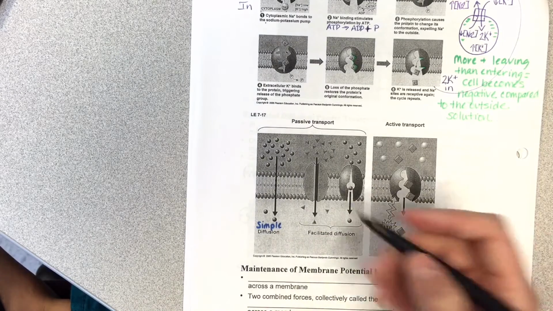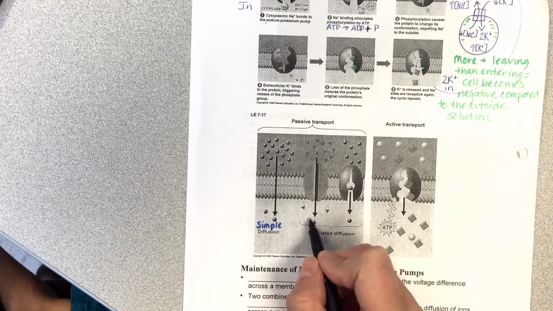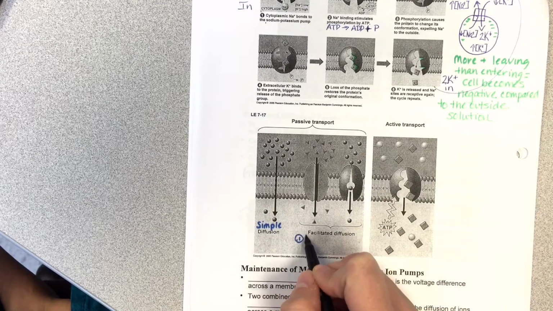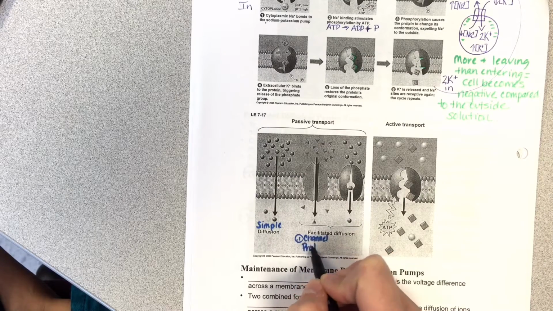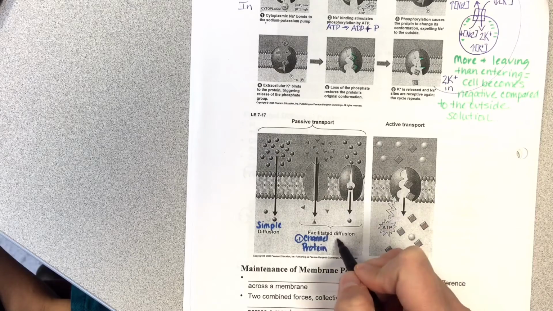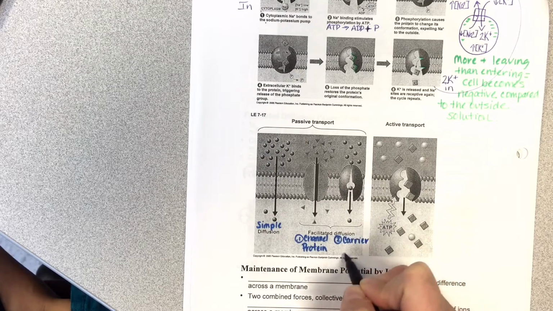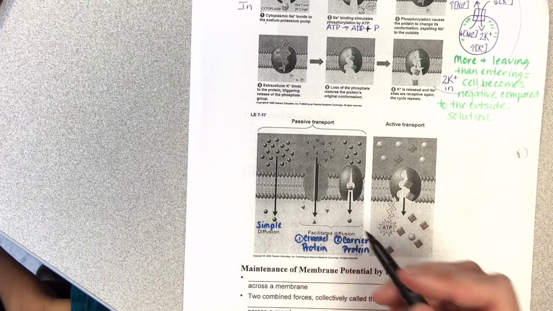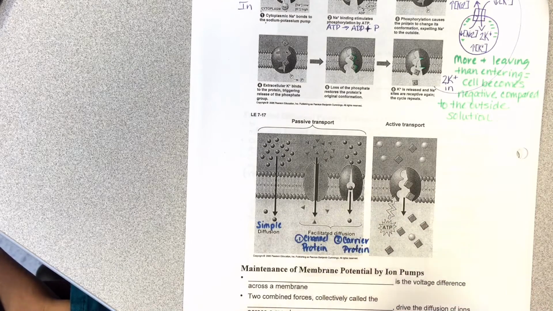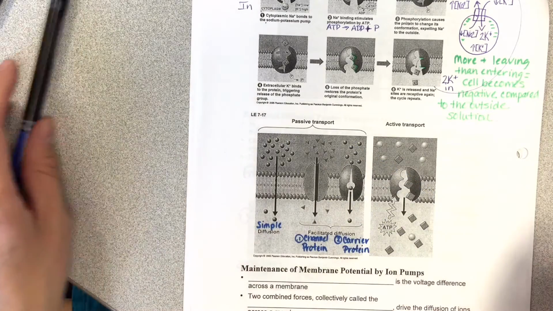So remember we had channel proteins. This is a channel protein right here. And then this one was a carrier protein. And they're facilitated by proteins, and they're called diffusion because the molecules are moving from high to low concentration.